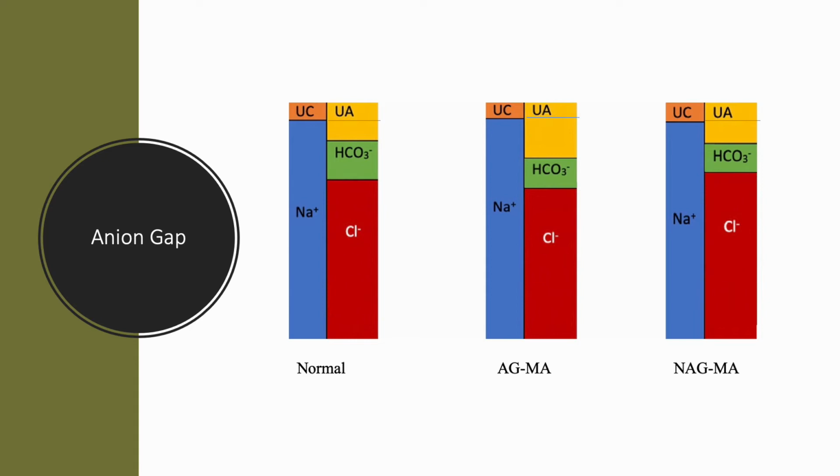Here, as you can see, the bicarbonate has declined and therefore the anion gap has increased. This is why we call it anion gap metabolic acidosis. Now, in normal anion gap or hyperchloremic acidosis, you can see that the chloride went up, the bicarb still went down, but the anion gap did not change. It's the same as in the normal situation.